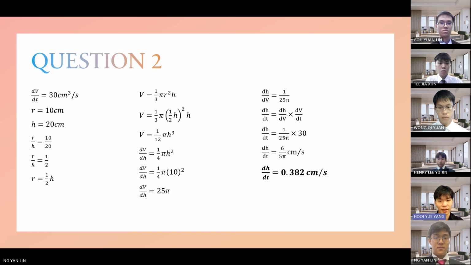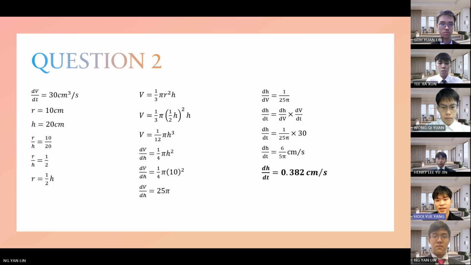Moreover, we know that the water is being added at a constant rate of 30 centimeters cubed per second, which is dV over dt equals 30. The radius at the top of the tank is 10 centimeters and the height is 20 centimeters.